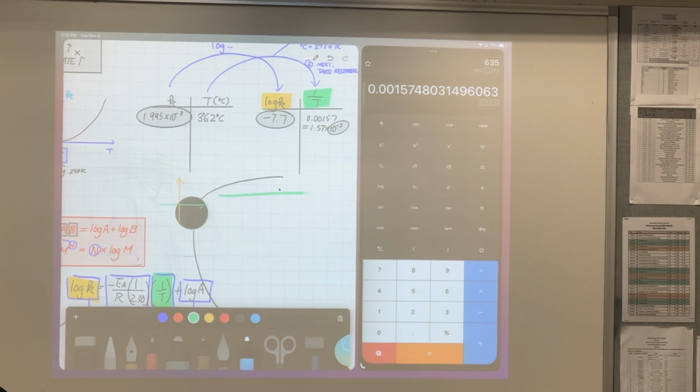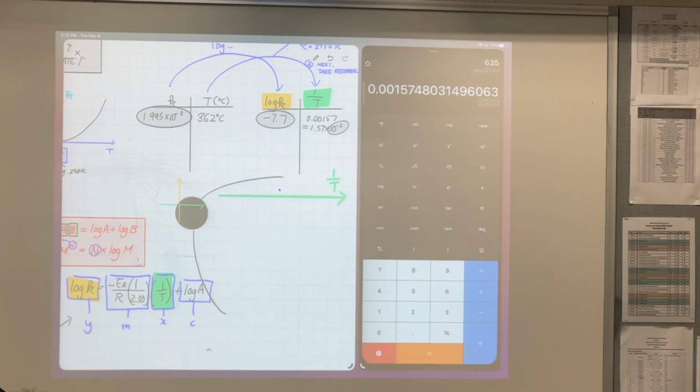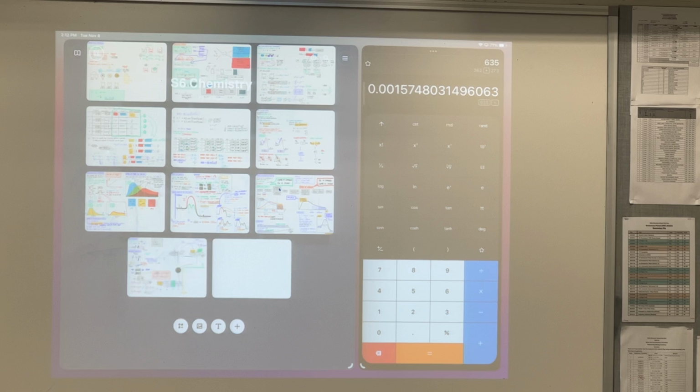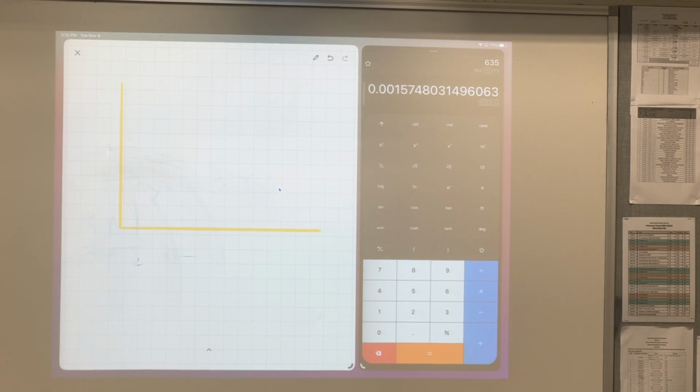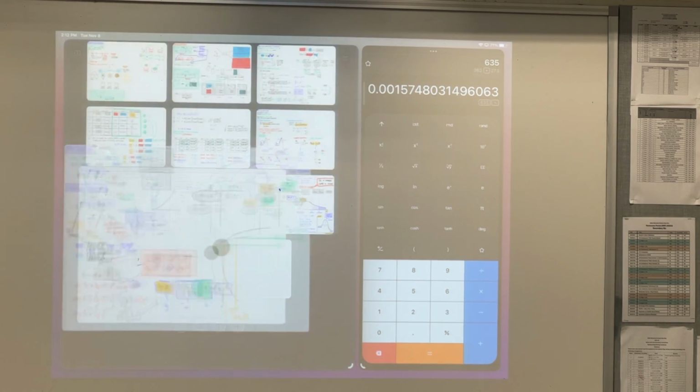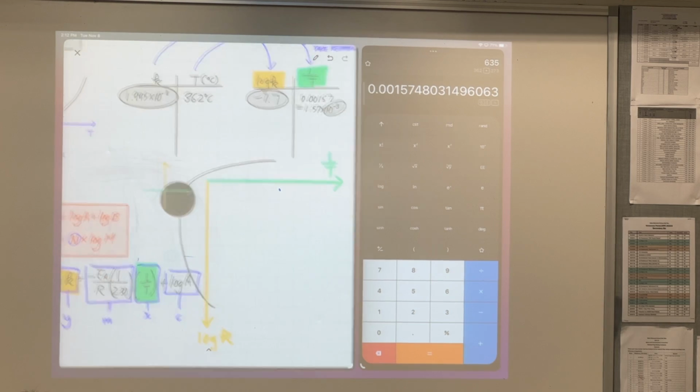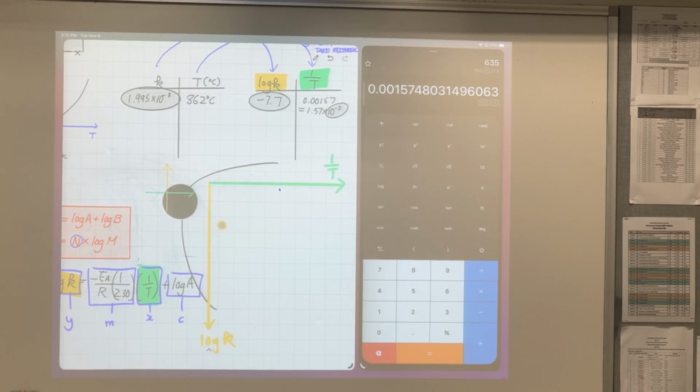We have 1 over t on the x-axis, and we have log K in here. I know you will be confused because normally when we draw a graph, we draw it looking like this, right? But why are we showing the graph like this now? That's because the log K values are negative. Can you see that in here? So we are only showing this quadrant of the Cartesian coordinate system.